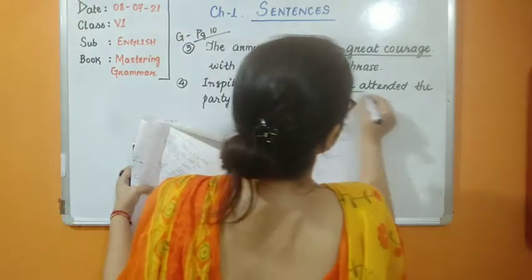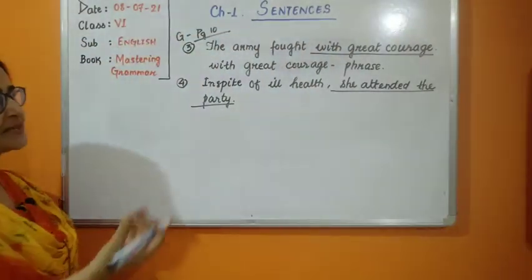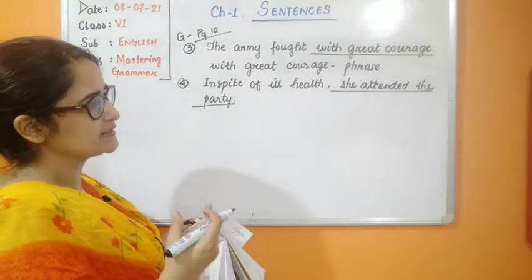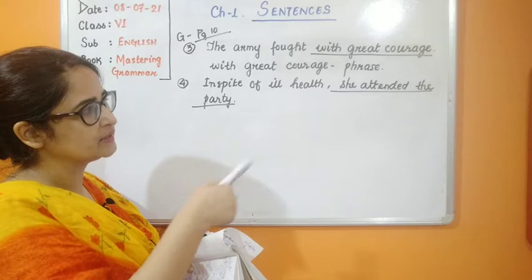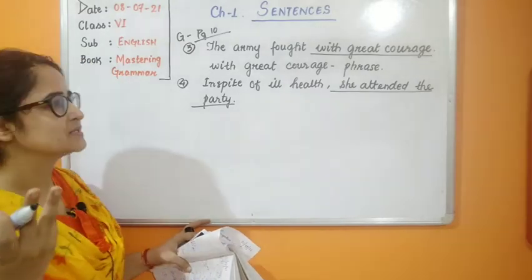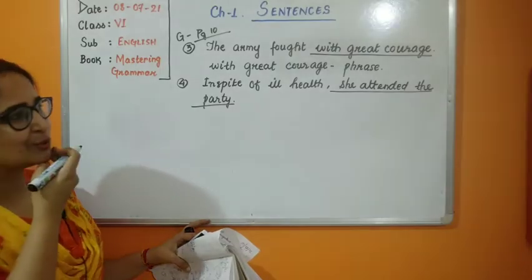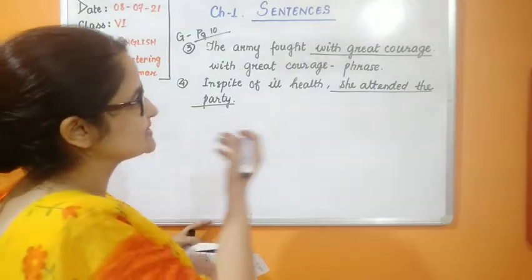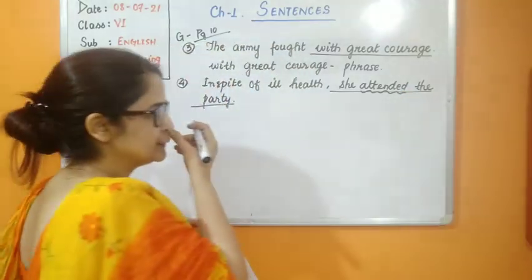Now this part is underlined: she attended the party. See children, is there any verb? Please look at the board and tell me or think yourself, is there any word that is a verb? I hope you got it because I found it. So let's see here, attended, right? This word attended is a verb.